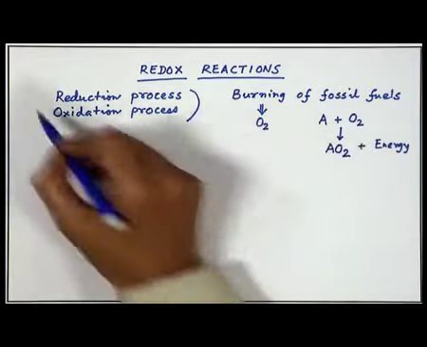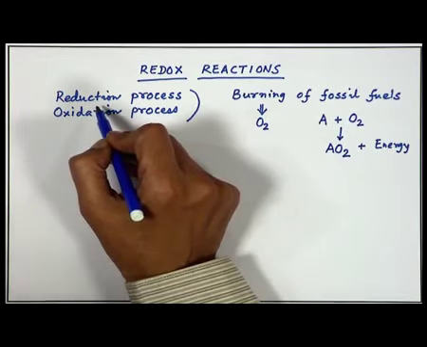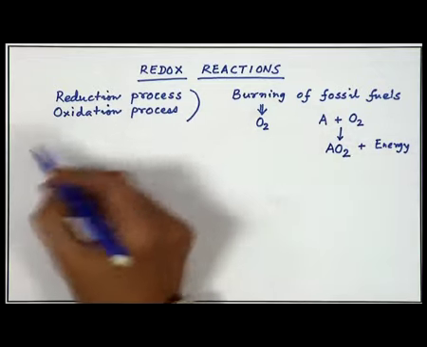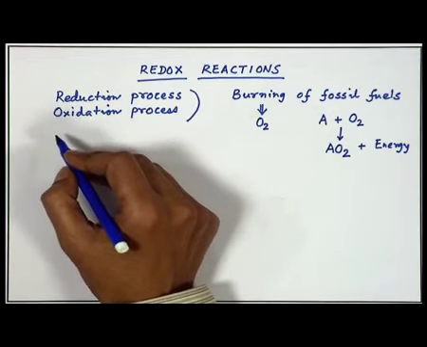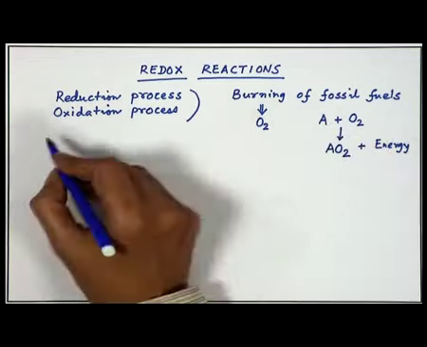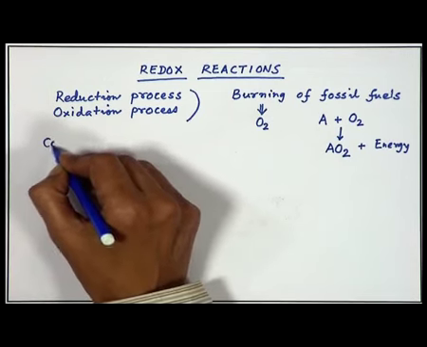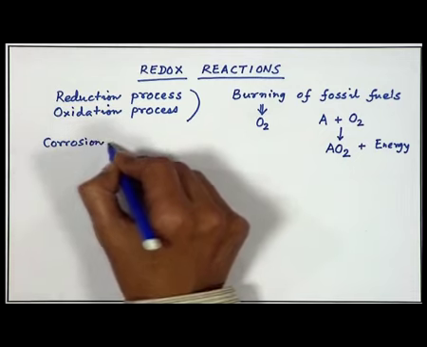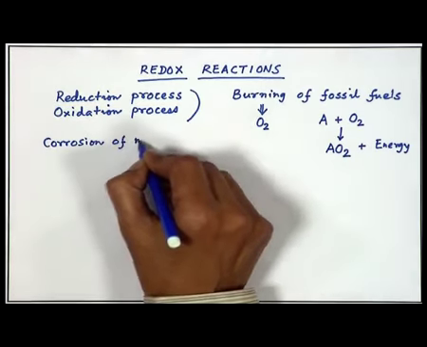But what about these two things, the corresponding reduction process and the oxidation process? These two processes run from the burning of fossil fuel to another process, which is the corrosion of metals.